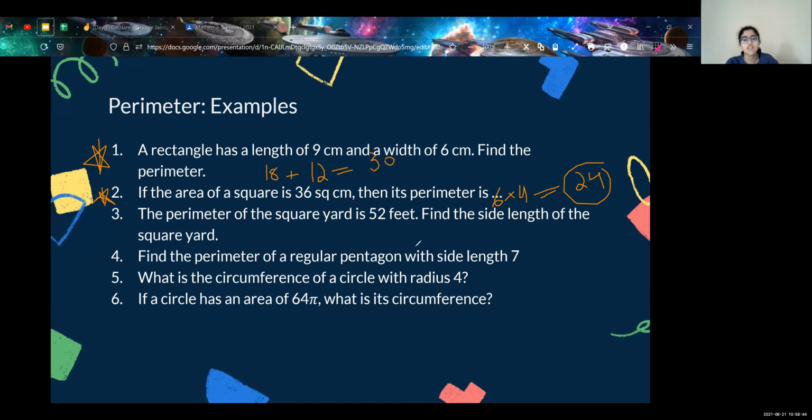And again, if you have any questions, please type them in the chat because I cannot mind read. Okay, so I've gotten 2 answers so far for number 3.